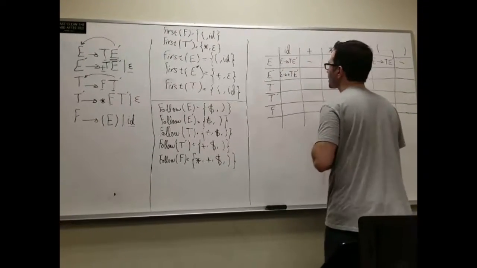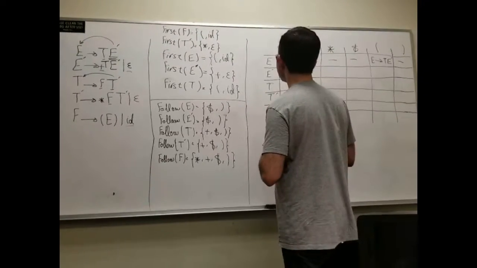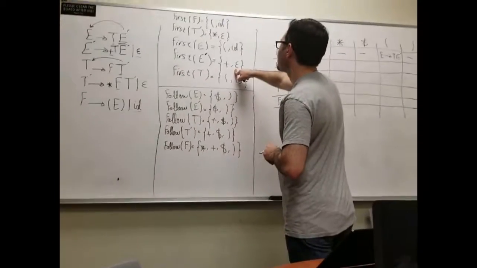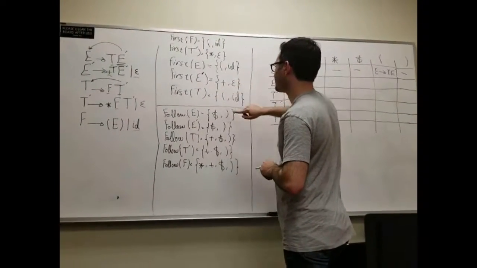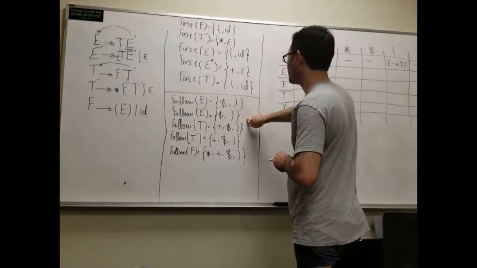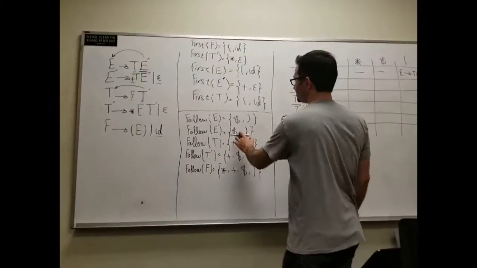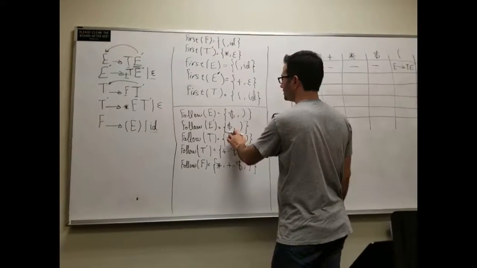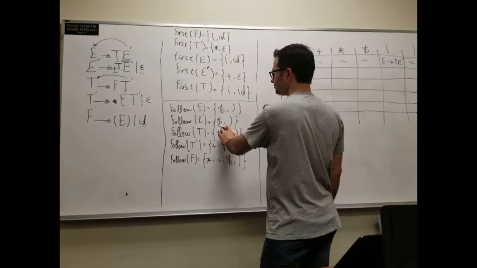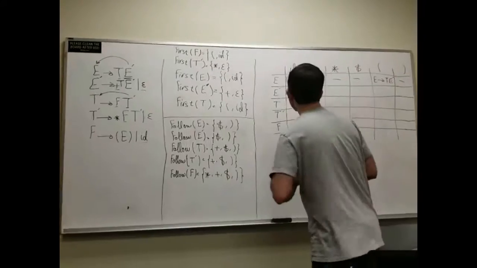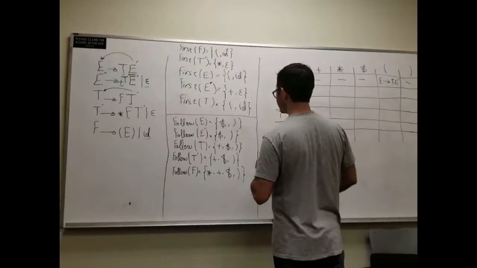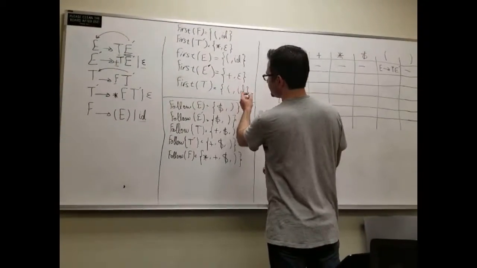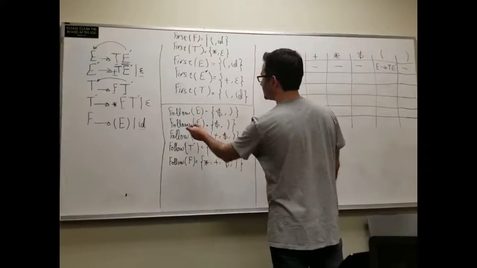However, as I said, we have to be careful because we have epsilon here. When we have epsilon, we have to check the follow of E also. So what is the follow of E? It is dollar and right parenthesis. Because we have epsilon right here, we need to check the follow set.